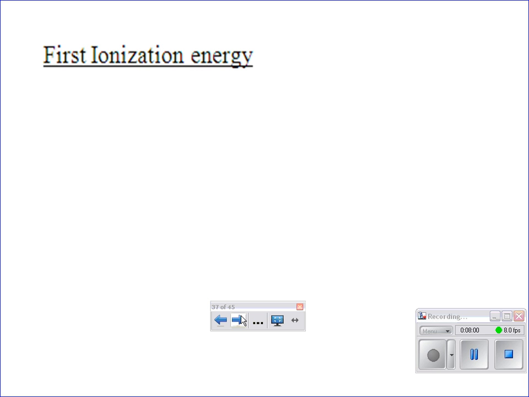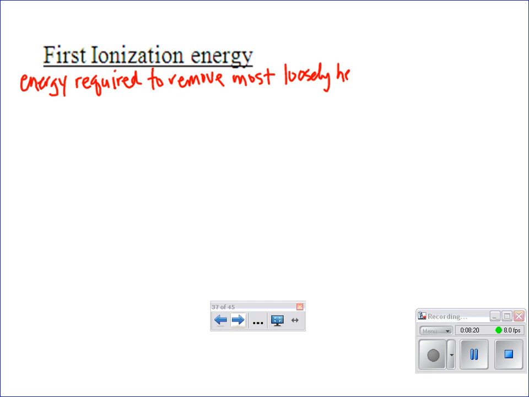Ionization energy, by definition, is the energy required to remove the most loosely held electron. So an equation that's an example of this would be, if we looked at fluorine, fluorine positive plus 1 electron.